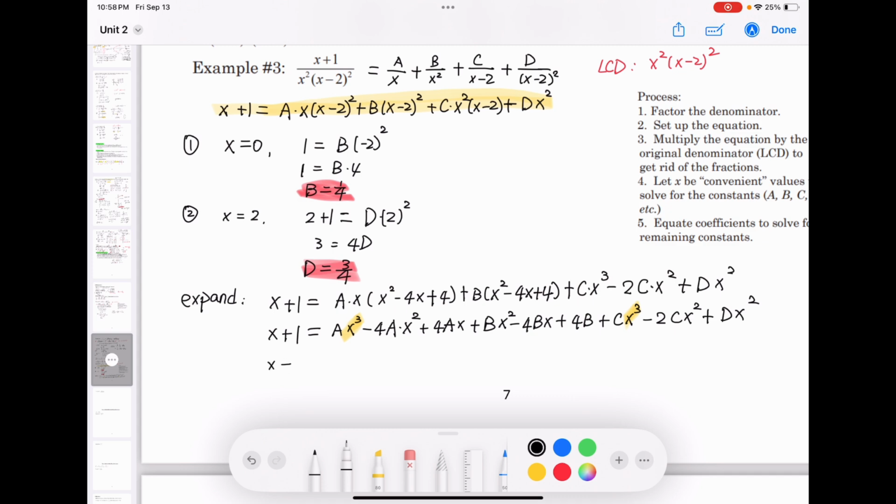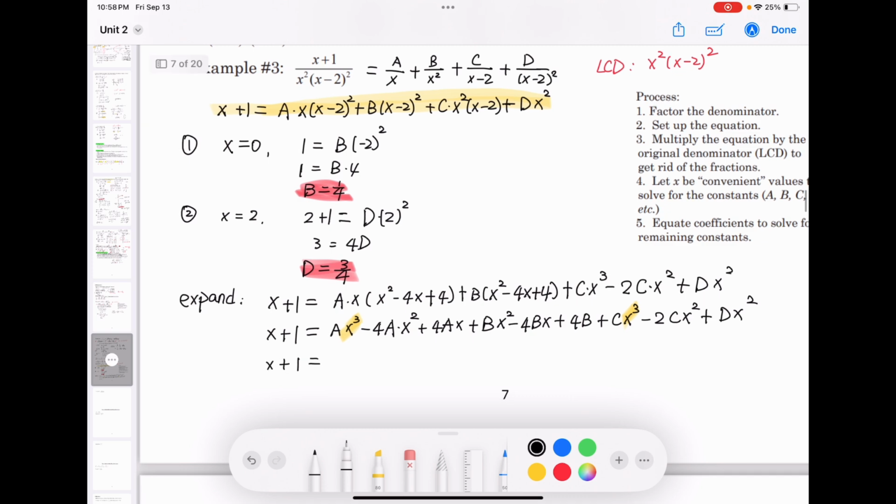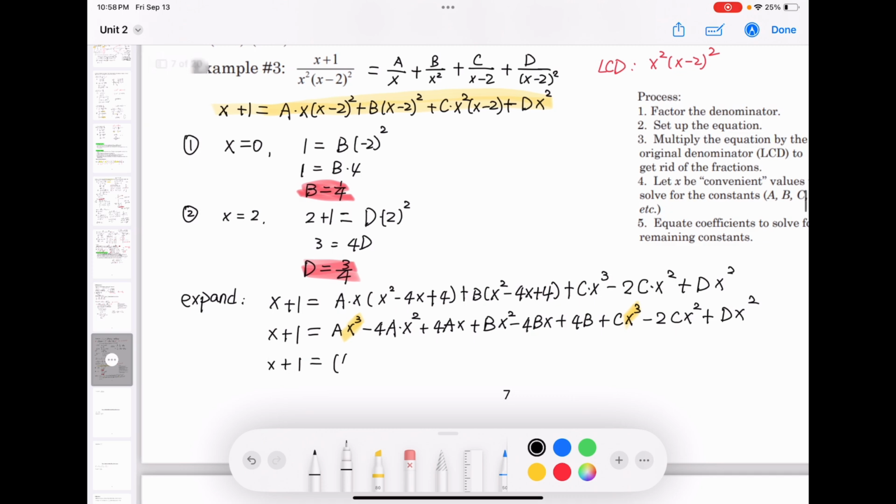For the x cubed term, here has x cubed, here has x cubed. Let's combine them together. So we have a plus c times x cubed. Then we combine the x squared terms. We have 4 terms with x squared. They are negative 4a plus b minus 2c plus d, times x squared.